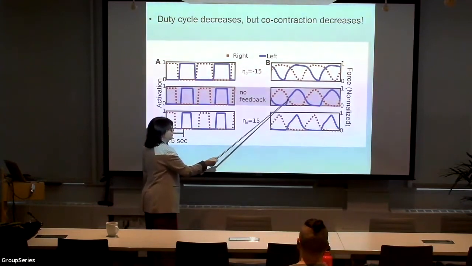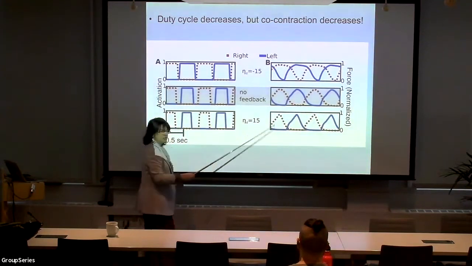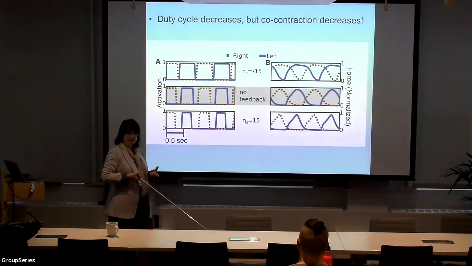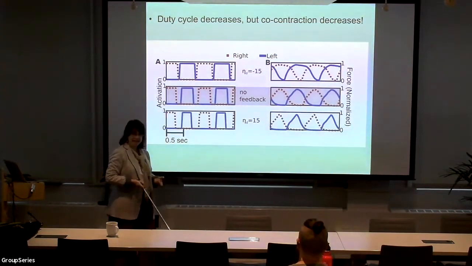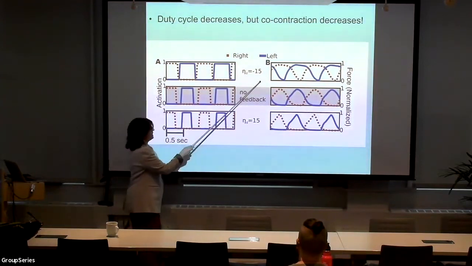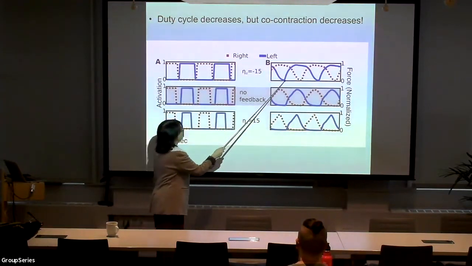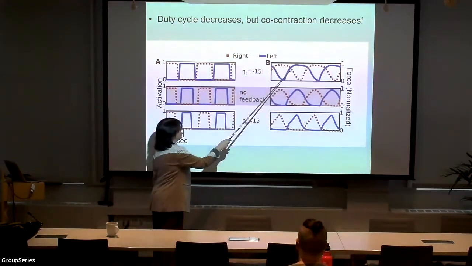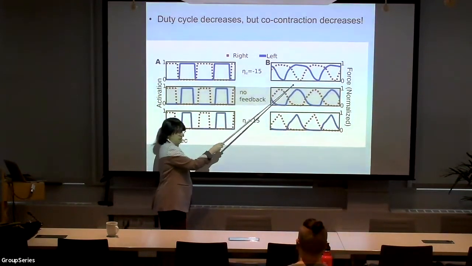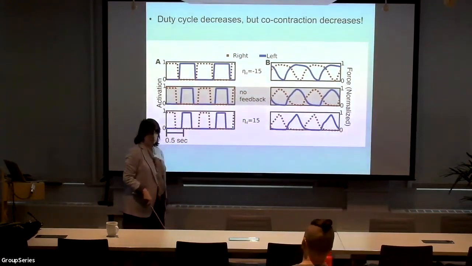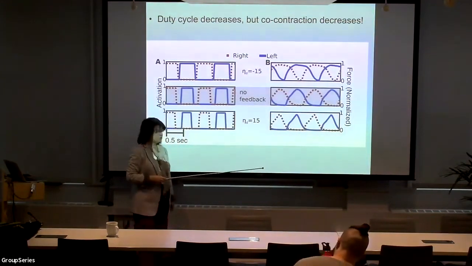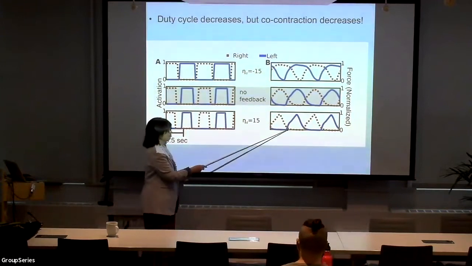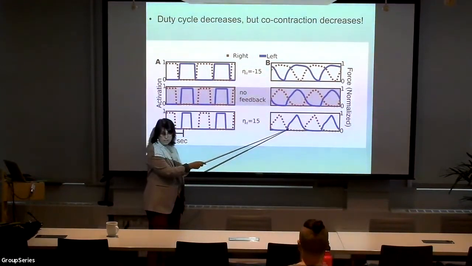So this region here is co-contraction. You have both sides trying to contract. That's not very efficient. So what we see in the negative gain case, you have a large period of time where you have both the red and the blue contracting. You have a lot of co-contraction. But if we go down to the positive gain case, there's almost no co-contraction.